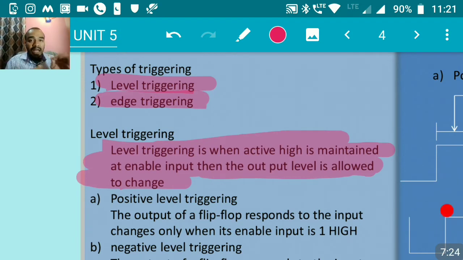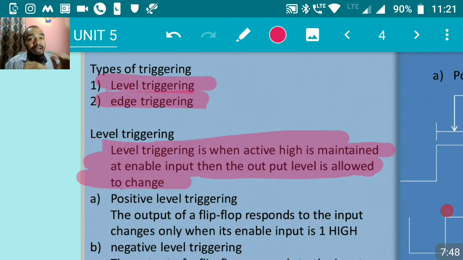So my concept is, I have an electronic circuit, and that circuit has an enable input. When the input at the enable terminal is high, at that time your digital electronic circuit is going to change its state from 0 to 1 or 1 to 0.